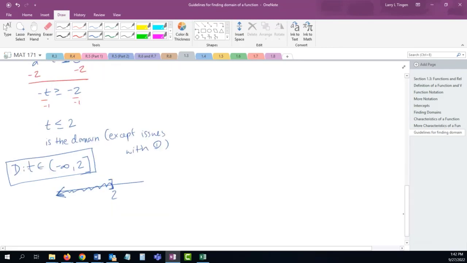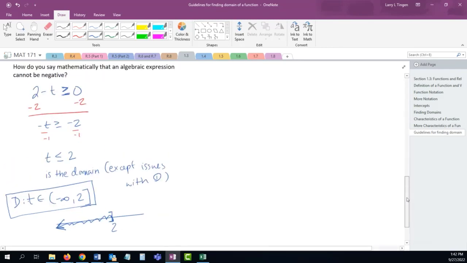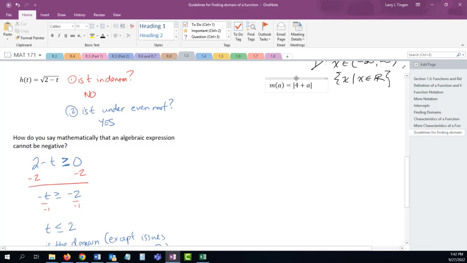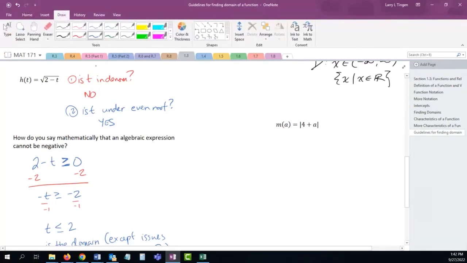And then lastly, absolute value. I've got the absolute value. People know there are problems, people know that I have some rules.